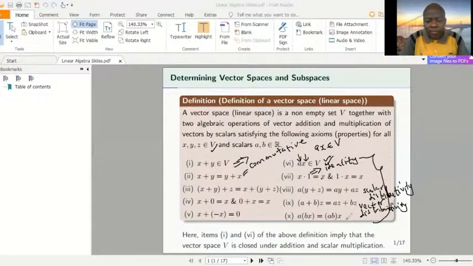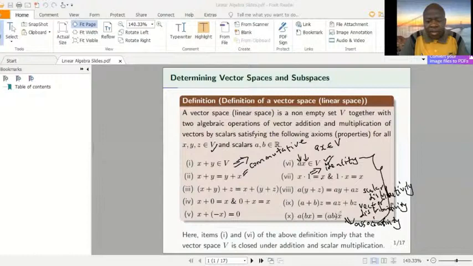And then finally we have the associativity, the scalar associativity. Now I have this scalar a, and there's this bracket bx, where b is another scalar and x is a vector. So this one gives you, just change the position of the bracket, and I have ab, then x.